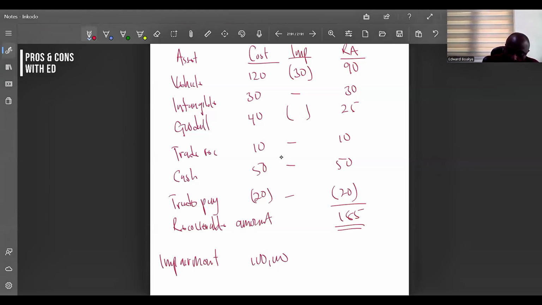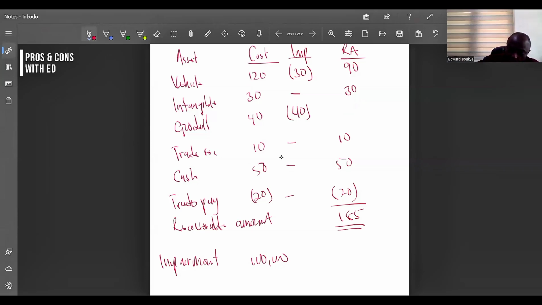We recognize the overall 40 to goodwill. And we will be left with how much? 30, since 40 gives us 70. So we'll be left with 30,000 impairment. And that 30,000 impairment would have been recognized to the other intangible asset.